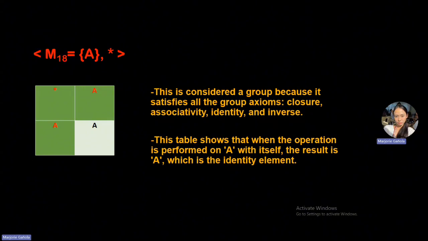This table shows that when the operation is performed on A by itself, the result is still A, which is the identity element. So this is also a group. It also has the same binary operation star as the group M. Also, M sub 18 with one element A is a subset of M. So this is indeed a subgroup of the group M.